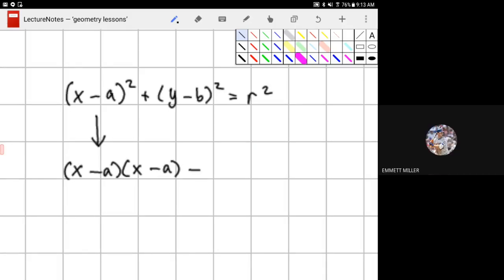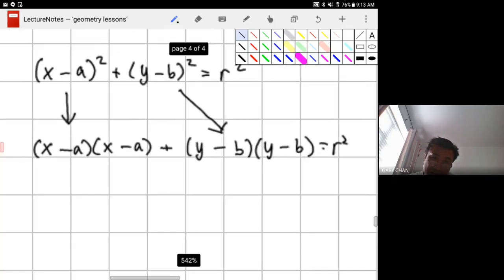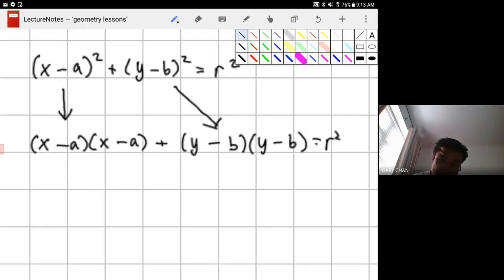I'm going to ask you to take 30 seconds and figure out what these things are. FOIL it out. I don't want you to tell me what A, B, or R is. I need you to FOIL this out. Take 30 seconds to do that. So again, when you're FOILing, this is what you're doing. Remember?